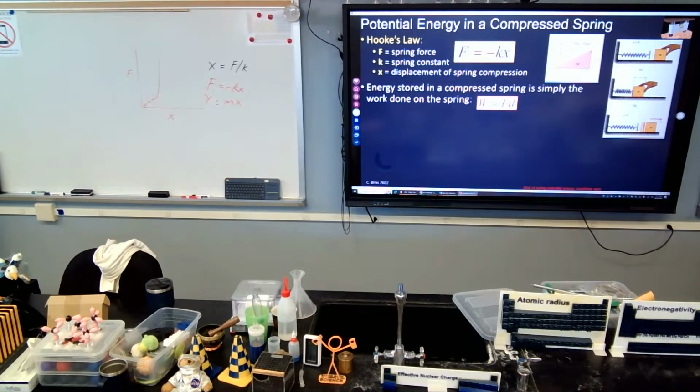Can you see how that's F? So the formula becomes the work, or the change in energy stored in a spring, is kx squared. But it needs one more term.